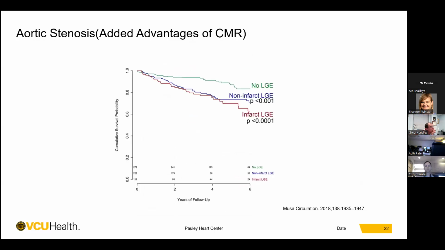Like this one, a Kaplan-Meier survival plot showing all-cause mortality in patients with severe AS, whether LGE is due to a combination of infarct or non-infarct. And we see the LGE in the non-infarct pattern is associated with worse outcome, but of course, the combination of infarct with the non-infarct is the highest, versus patients who have aortic stenosis and no LGE.